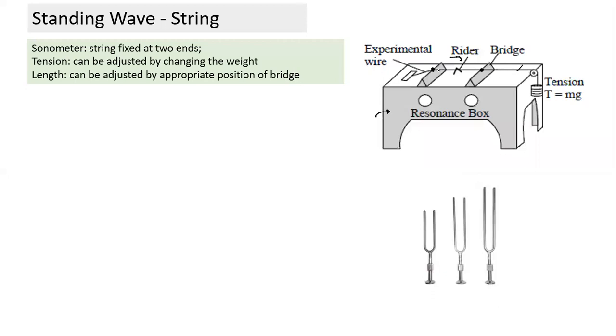This wire will have a natural frequency depending on tension and mu, but when you bring a vibrating tuning fork close to the wire, if the tuning fork frequency matches the natural frequency of the wire, the wire starts vibrating with large amplitude. That's resonance. The vibration of the tuning fork leads to vibration of air particles.